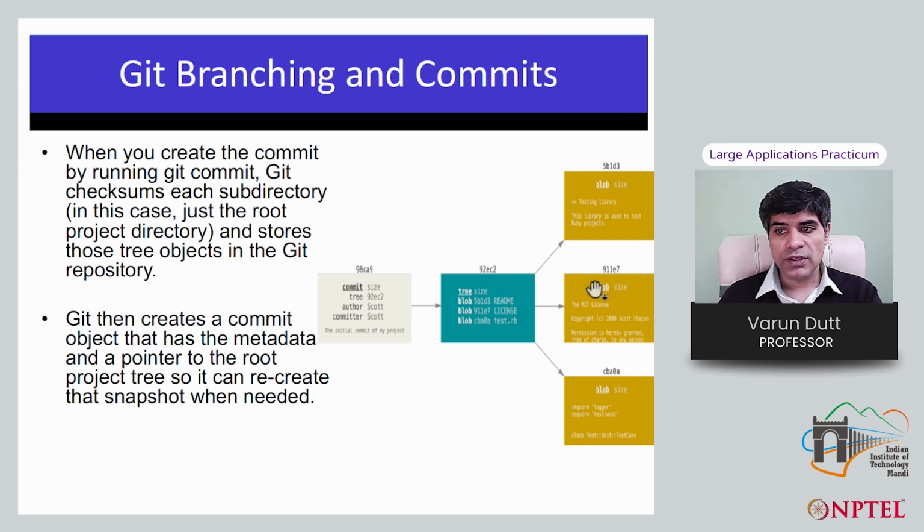You can also see the information in that particular file. For example, the license file may contain the MIT license and other details, and similarly we may have other types of files. So every commit leads to a tree-like structure like this, which can be utilized by Git to recreate the state of the code which exists at the point of the commit.